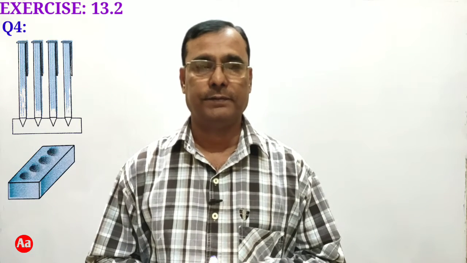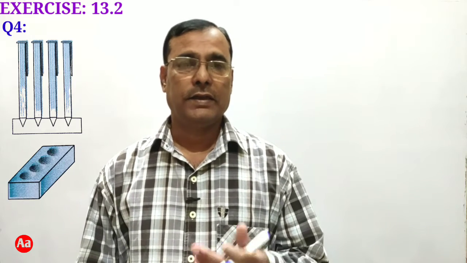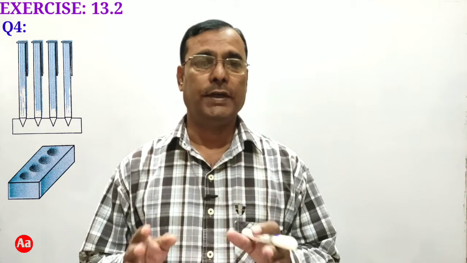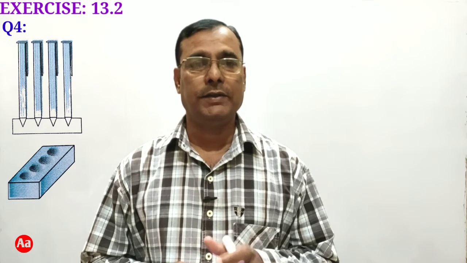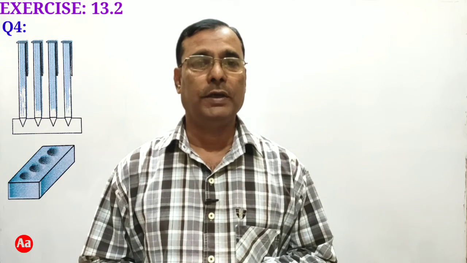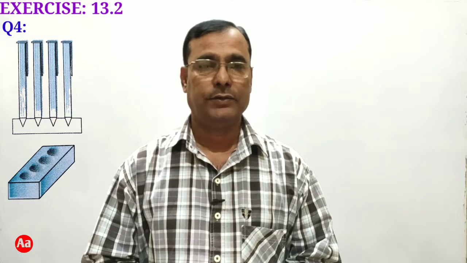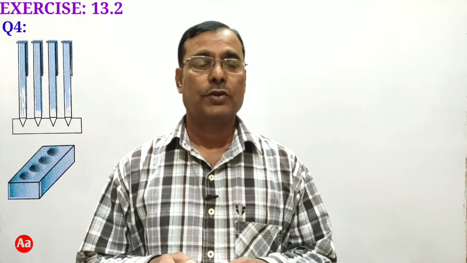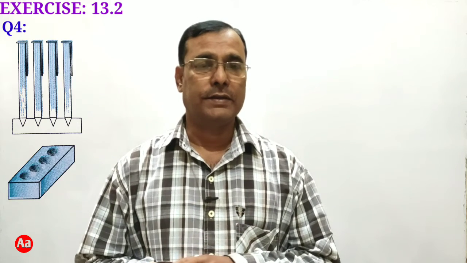This is the question. 4 conical depressions are cut out from the cuboid of given dimensions 15 by 10 by 3.5 centimeter, and we have to find volume of the wood in the entire pen stand, which is made up of cuboid of given dimensions.